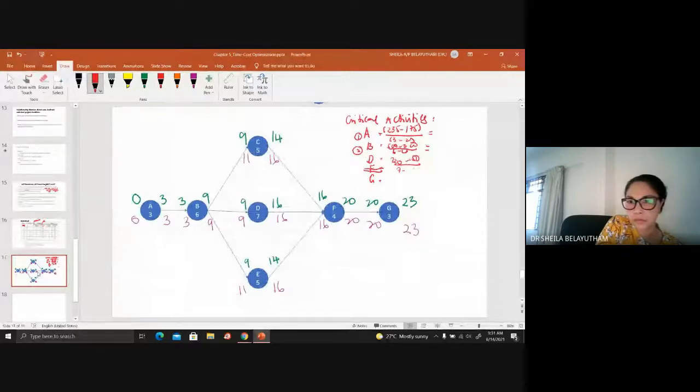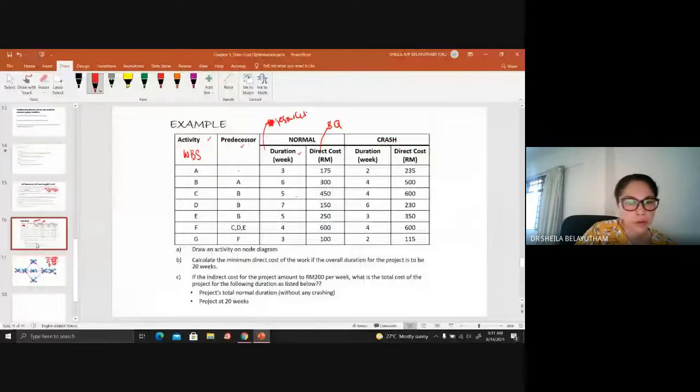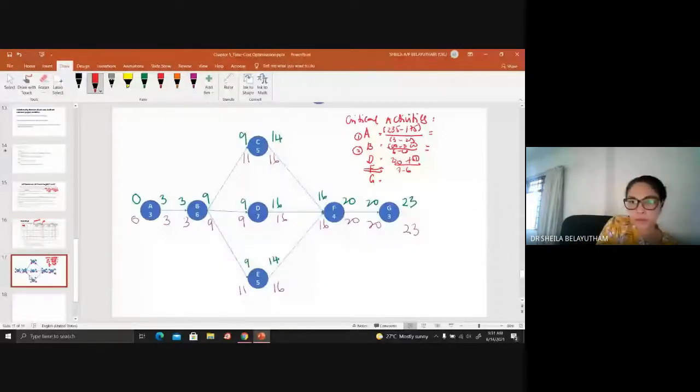And goes to activity G as well. 115 minus 110, divided by 3 minus 2. So activity D, we can compress it 1 day. Activity G as well, 1 day.